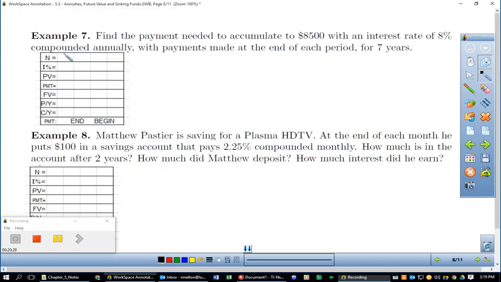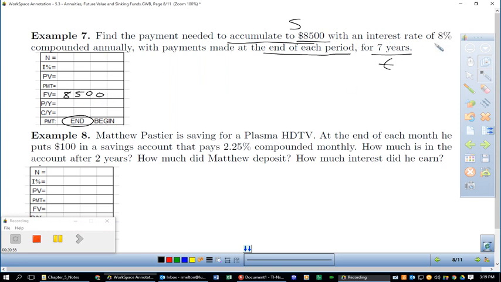Right, number 7, we're going to use the TVM. Find the payment needed to accumulate $8,500 with an interest rate of 8% compounded annually, with payments made at the end of each period for 7 years. The end tells us we are using ordinary annuity. 7 years is our time. $8,500 is what it needs to accumulate to, so that is our S value, our future value.